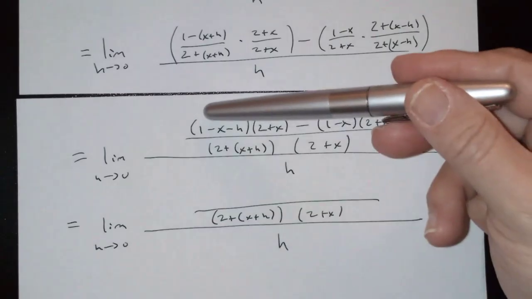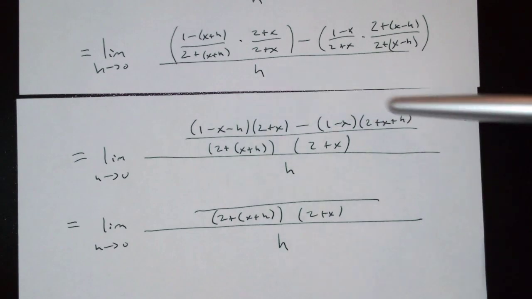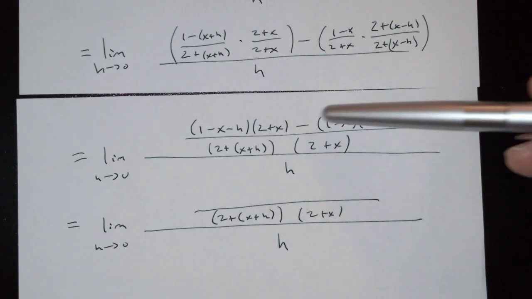When I multiply these pieces, I'll get 6 things.